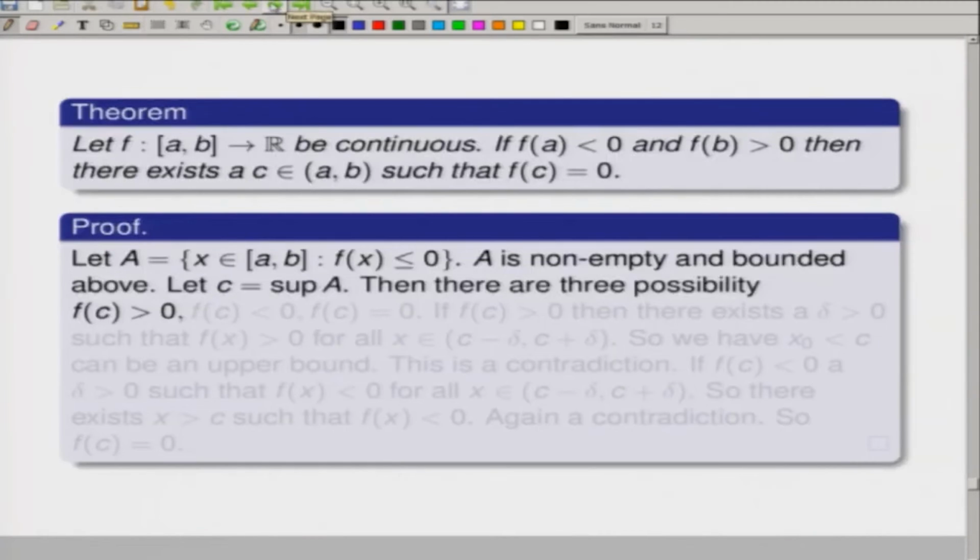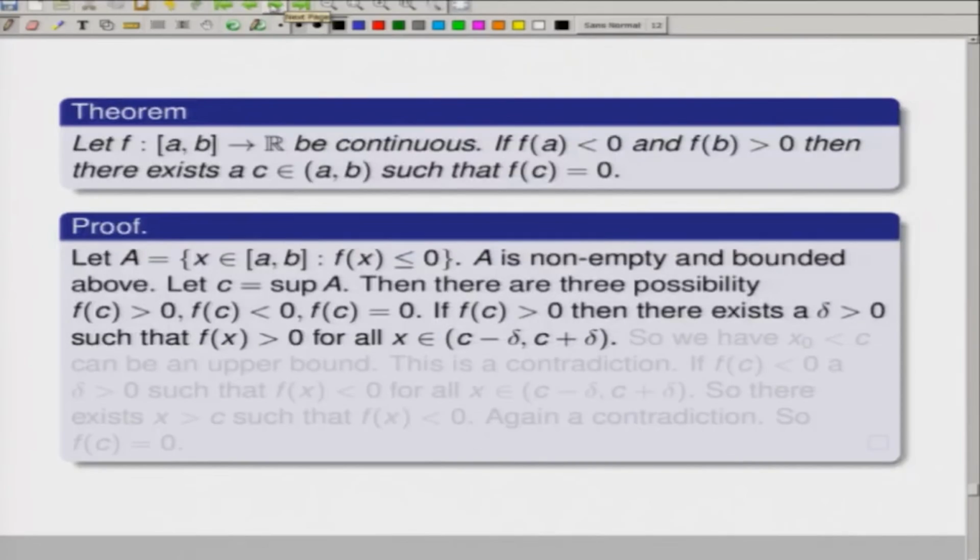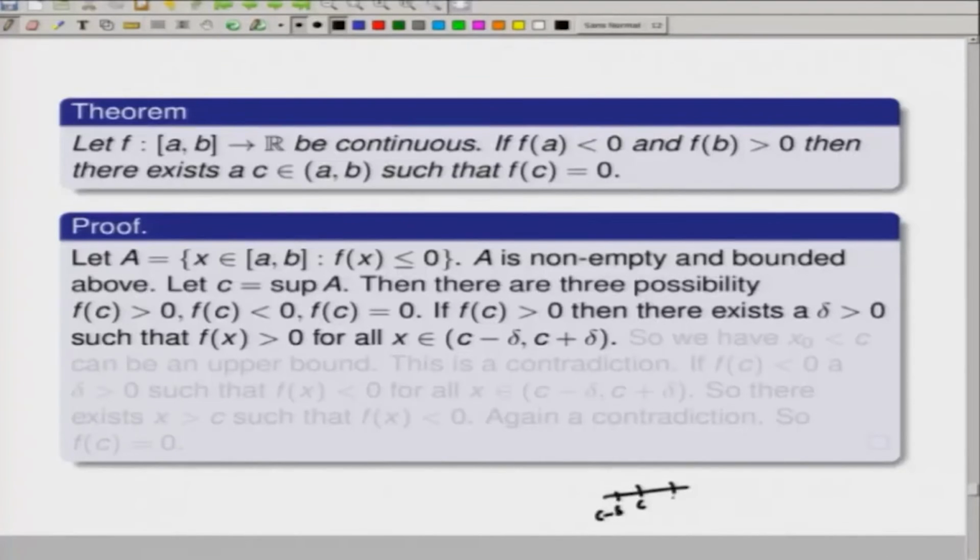So, then there are three possibilities: f(c) is bigger than 0, f(c) is less than 0, or f(c) is equal to 0. Now, if f(c) is greater than 0, what we have shown is that there exists an interval c minus delta to c plus delta in which f is taking values greater than 0.